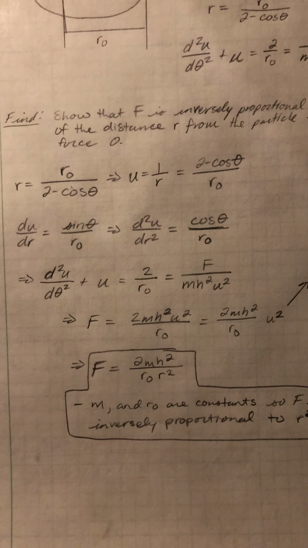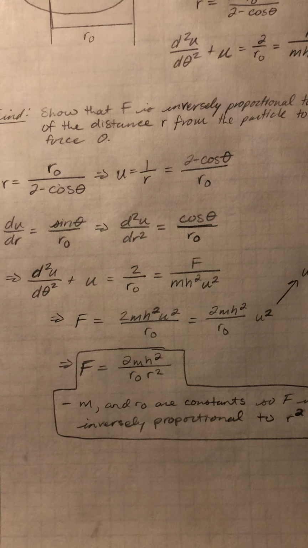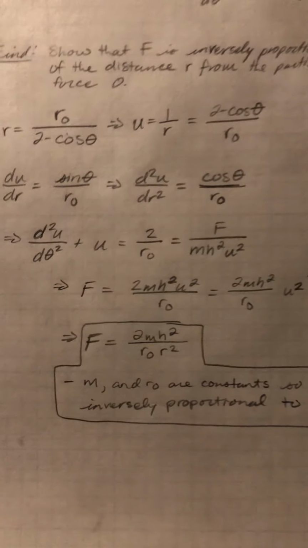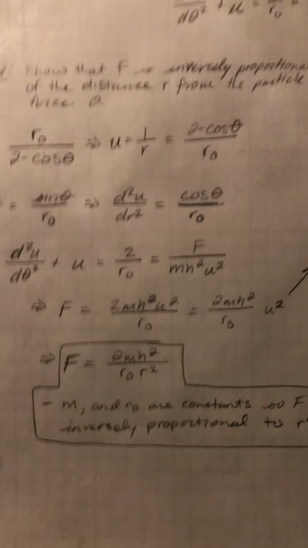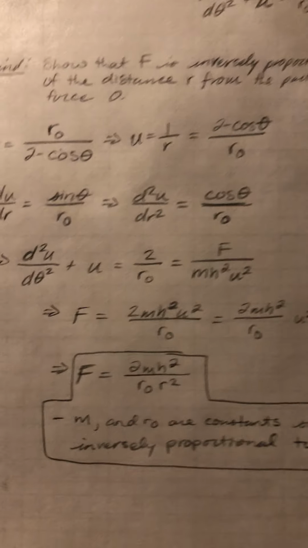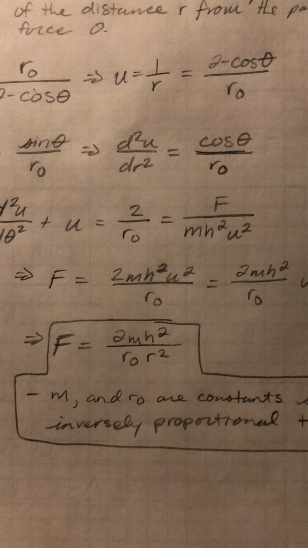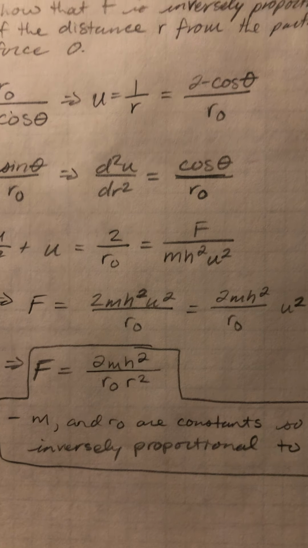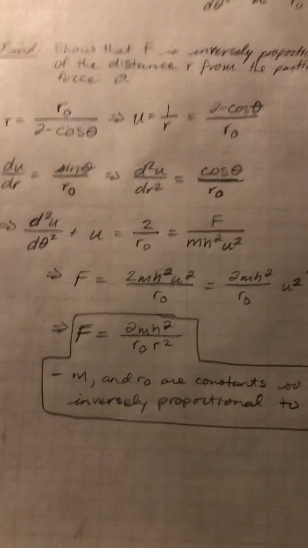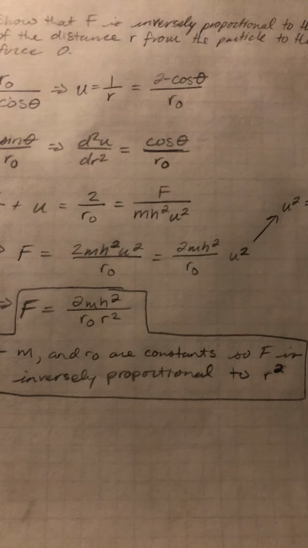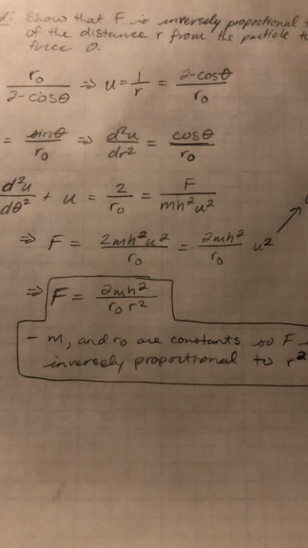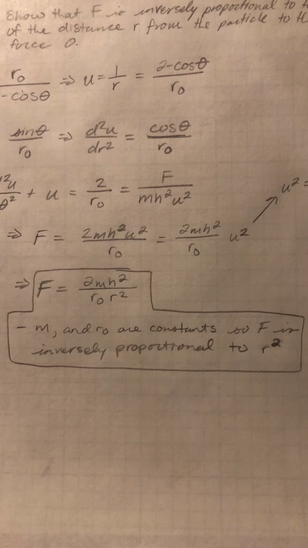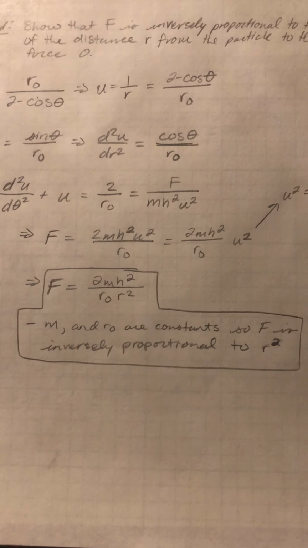And we find that our force is eventually equal to 2 times m times h squared over r naught times r squared. And we know that the mass and r naught are constants, so the force is inversely proportional to r squared.